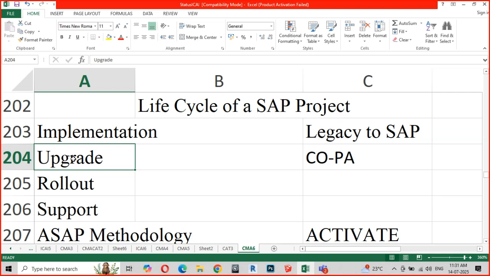Now we have the support projects. What do we mean by support? The SAP software has been implemented in my implementing partner's company, and the employees of the implementing company have started using the SAP system, and during the course of the usage, they had some errors.